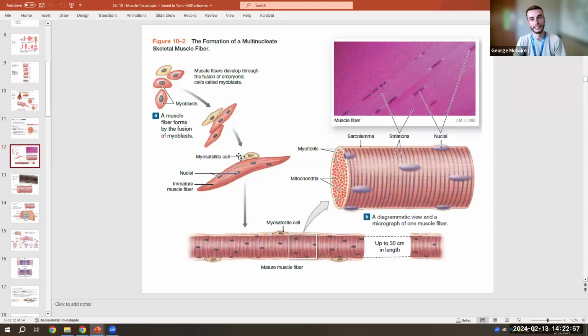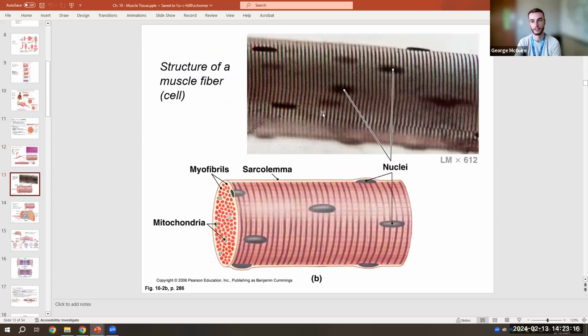Our muscles also have these myosatellite cells, which are there to regulate them, right? They help assist in their formation, function and regeneration. But a majority of the mass is that one muscle cell itself with its many bundles of myofibrils. Okay, and here's a closer look at the striations.